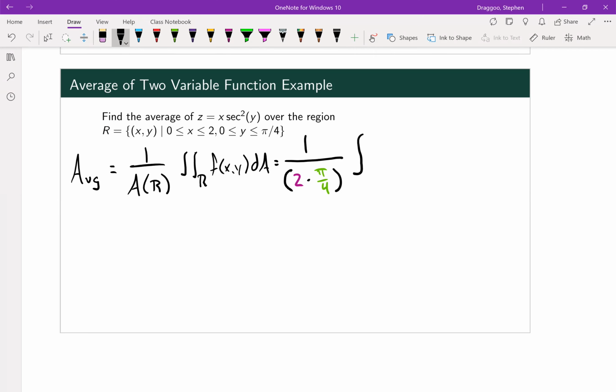So let's start with x, where we're going from 0 to 2 of just x dx, and multiply that by the integral of just the y piece, going from 0 to pi over 4 of secant squared of y dy.